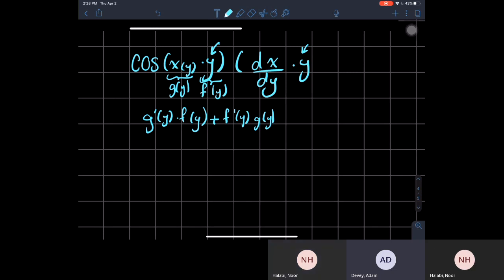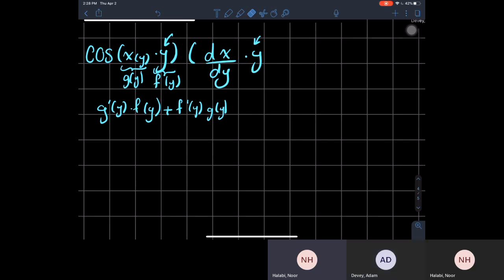Okay. Yeah. So this stays constant, but now we have to add, right? Because we're not done. The product rule is this is g prime of y, and this is f of y, and now I need f prime of y. What is f prime of y? Like if I take the derivative of y with respect to y, what is it?